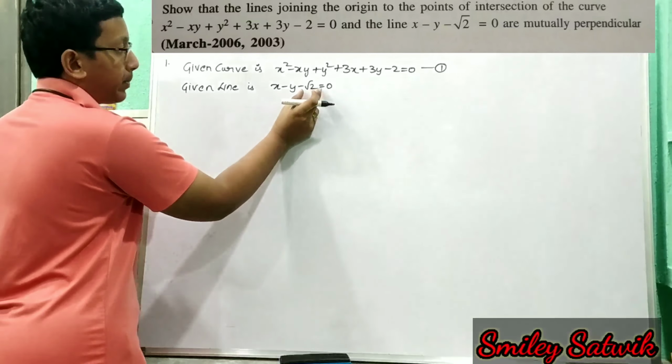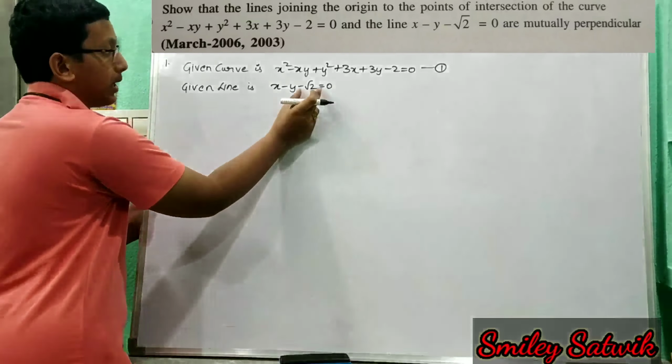So take this constant to that side, so it becomes plus: x minus y equal to root 2. Now I should get plus 1, so divide by root 2. So (x minus y) by root 2 gives you 1. Whenever you get 1 here, only then name it as equation number 2.